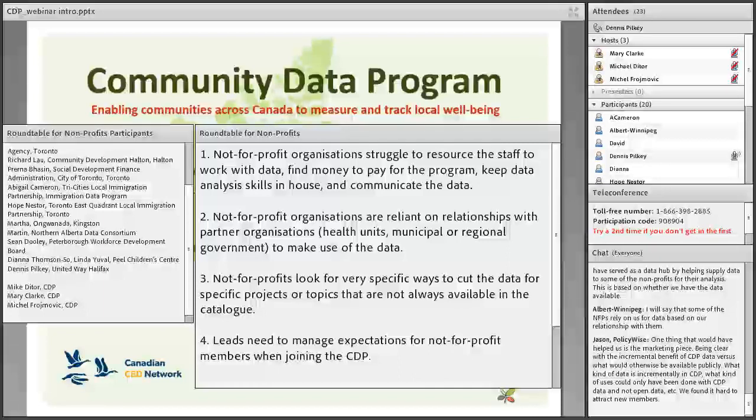Another example that I have is a good example, but it didn't go anywhere, and I'll mention why. That was Inspiring Communities, where five departments within the Nova Scotia government are collaborating on the Inspiring Communities Initiative.